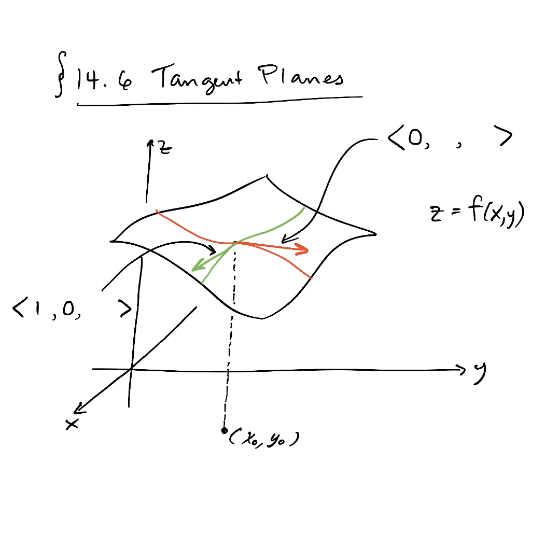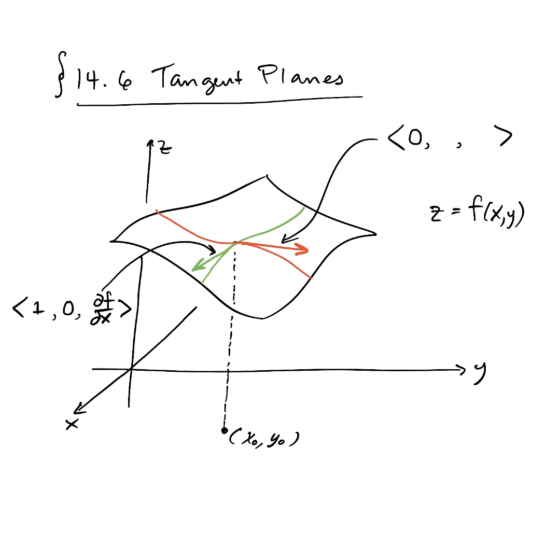So let's have 1 as our x component and df dx at that point. So I'm suppressing all that notation. That component of that vector is an actual number, like say you found out the slope on the green path through that point was 4, then that third component of the green vector would be a 4.